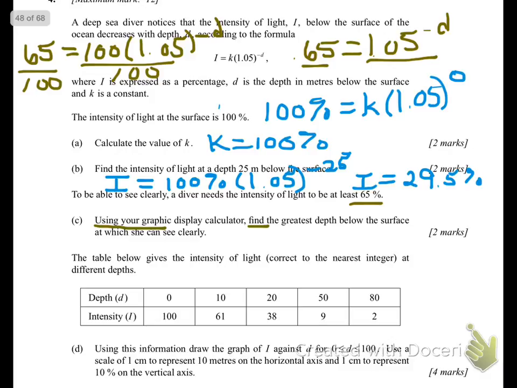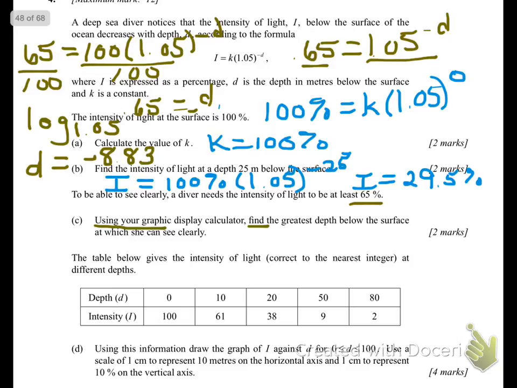If you're going to do logs, my base is 1.05, so that is my sinking number. Then I'm going to do 0.65, and that's equal to negative D. I'm going to put that in my calculator. I get D is equal to negative 8.83.